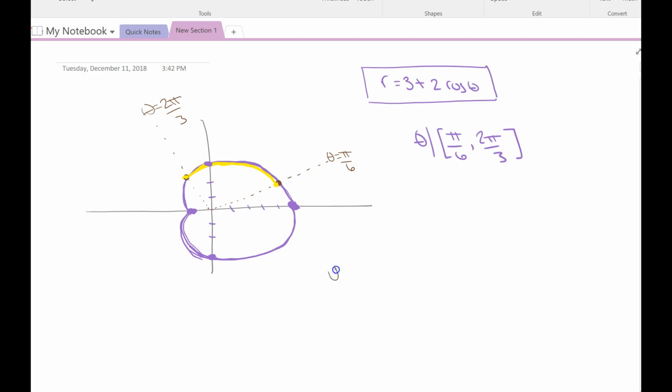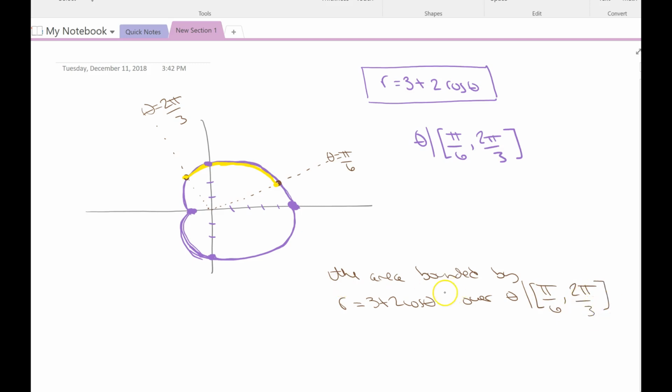When we talk about the area bounded by the polar curve, r equals 3 plus 2 cos theta over a specific interval of theta, it's important that you even know what area they're talking about before we start going into the calculus of this, okay?